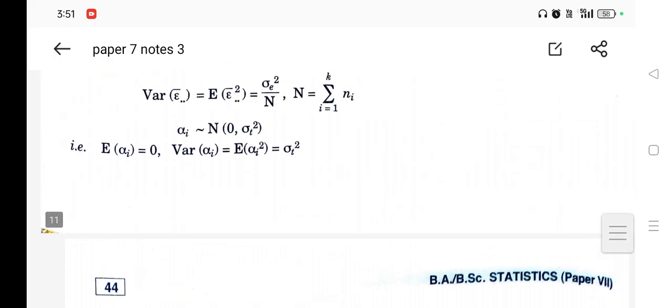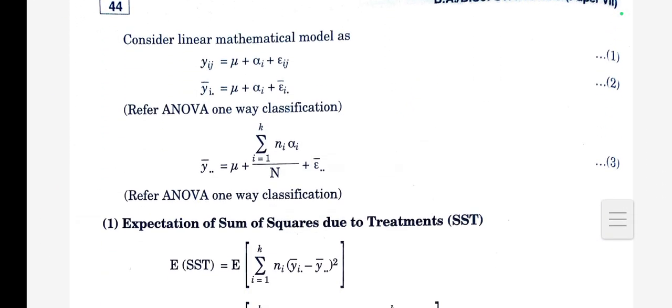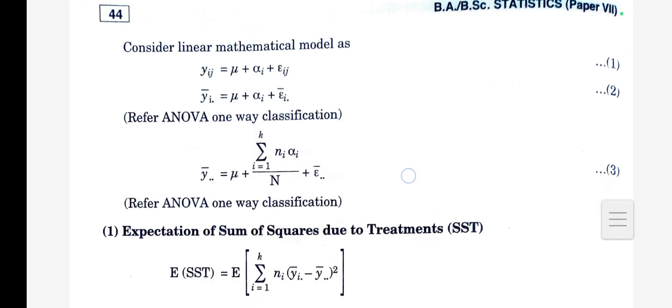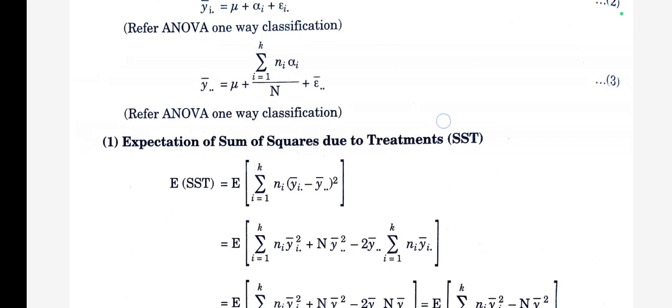You can see the variance also, similarly as for ANOVA one-way classification: mu plus summation ni into alpha j divided by n plus epsilon bar dot dot.